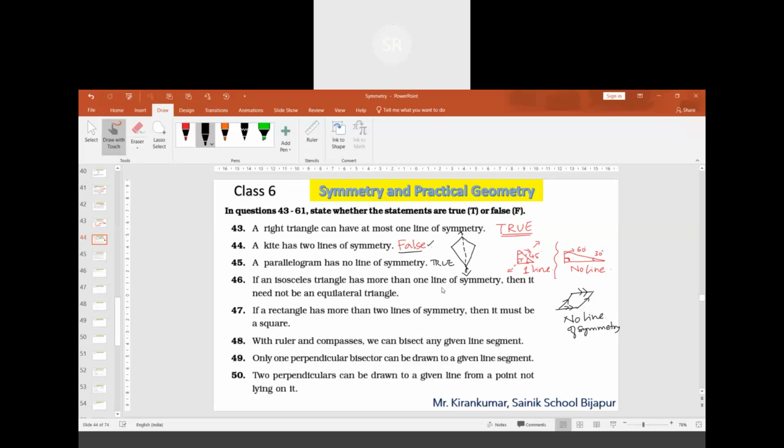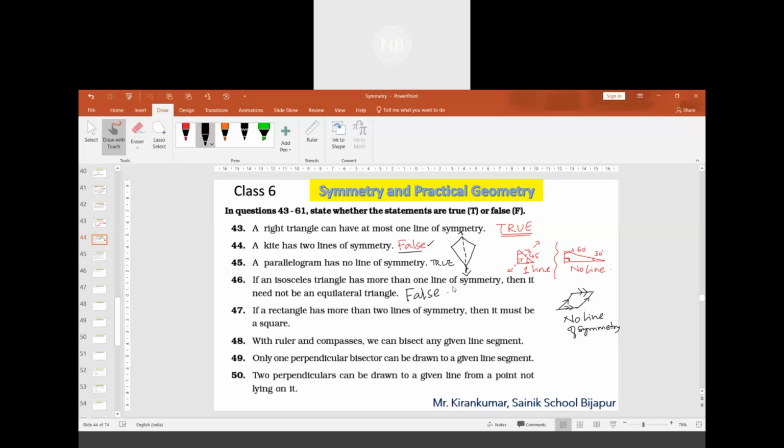The 46th one. If an isosceles triangle has more than one line of symmetry, then it need not be an equilateral triangle. This statement is false, because an isosceles triangle has only one line of symmetry.